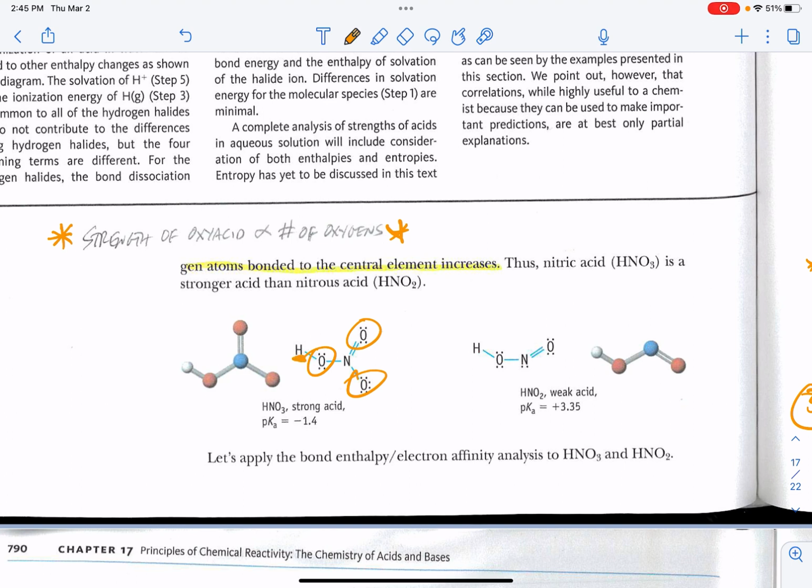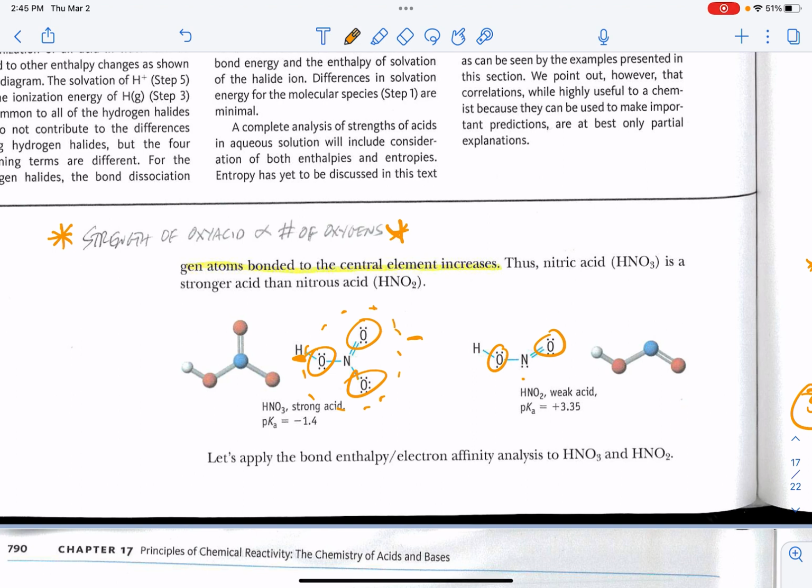my negative charge that's going to result can be distributed across the entire anion, whereas in this acid over here, nitrous acid, my negative charge can only be distributed across 2 oxygens, and that's not as stable.